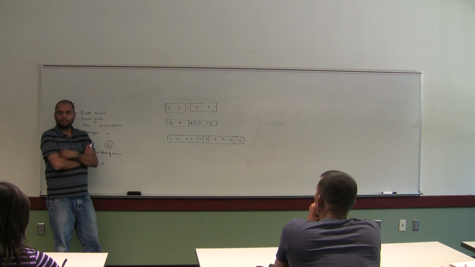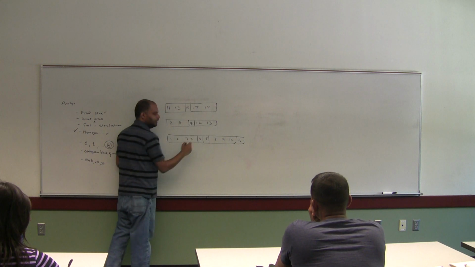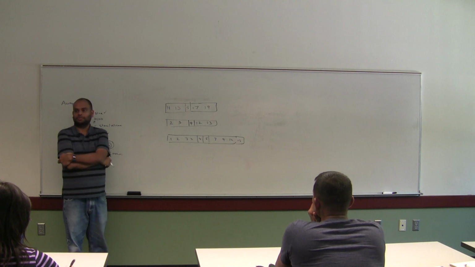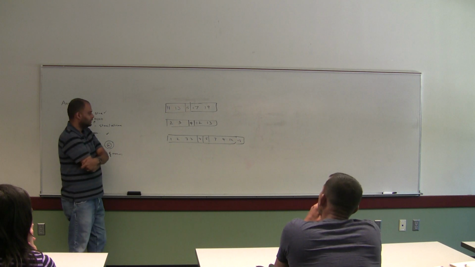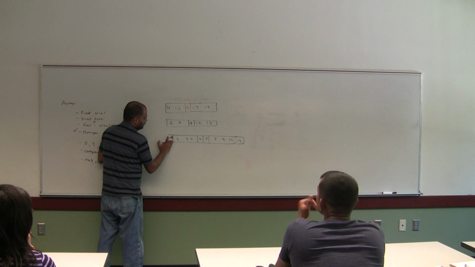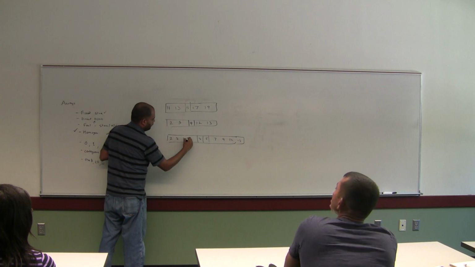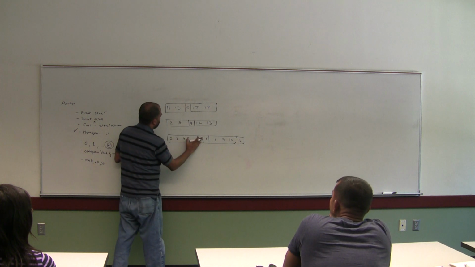If I had 11, 13, 15, 17, 19, that's not the same. Then the median simply shifts. So 2, 3, 4, 5 are all here, and you don't have 5.